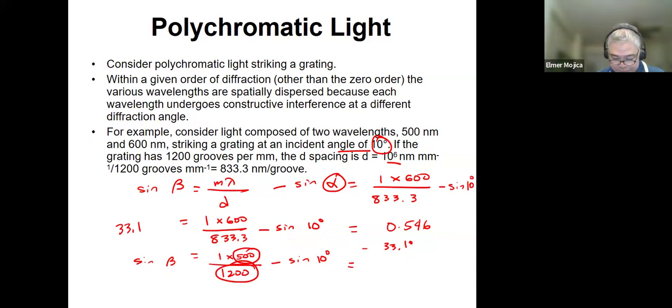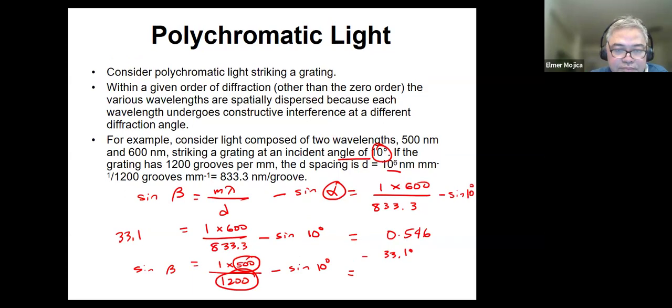Anyone? So what did you get in the second calculation? 14.06?